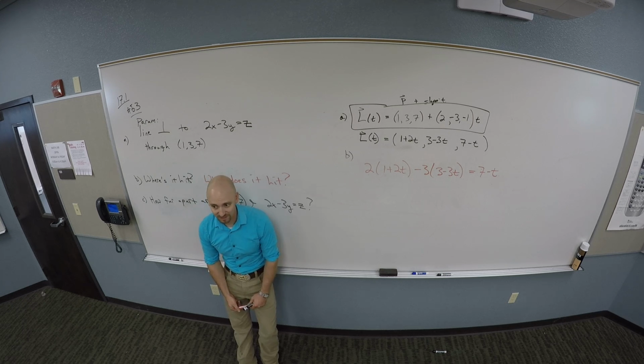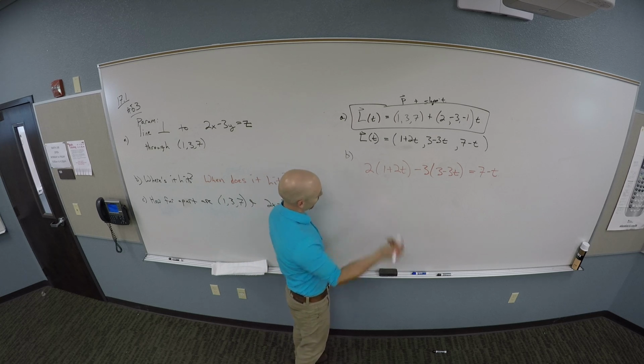I don't have a question mark because I think there probably is such a t, right? So how do I lay my hands on such a t? Don't think too hard on this one. That's like algebra, so I have to distribute a couple of times.